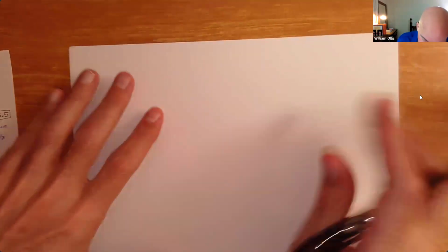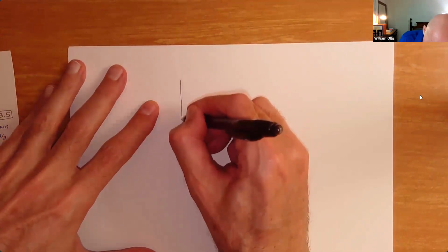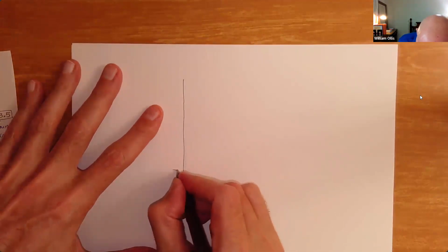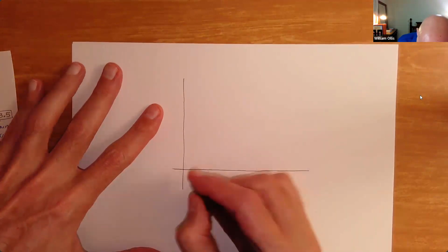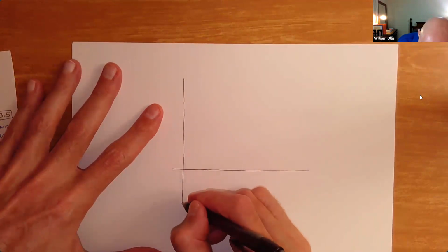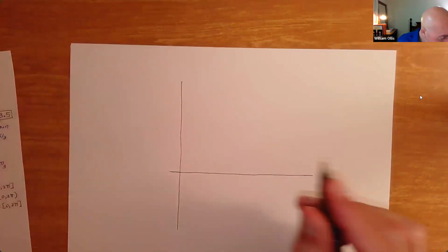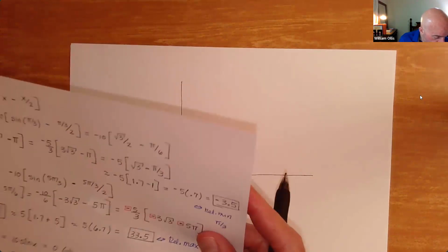So we're just looking at the interval 0 to 2 pi. We can go ahead and plot the extreme values and the endpoints. Now what I want to do is make sure we have all of the other items.